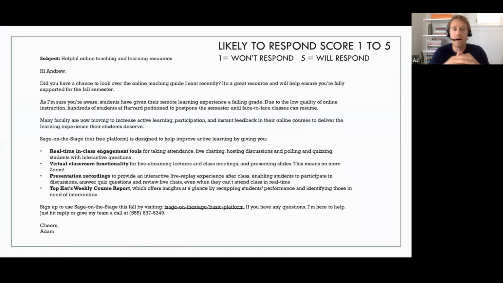I want to start off with a little interaction. This is an actual cold sales email that I've received recently. I've changed some of the identifying information because I don't want to pick on anybody, but I think it's relatively representative of a lot of the B2C cold sales emails that I get, and maybe you're finding the same thing.